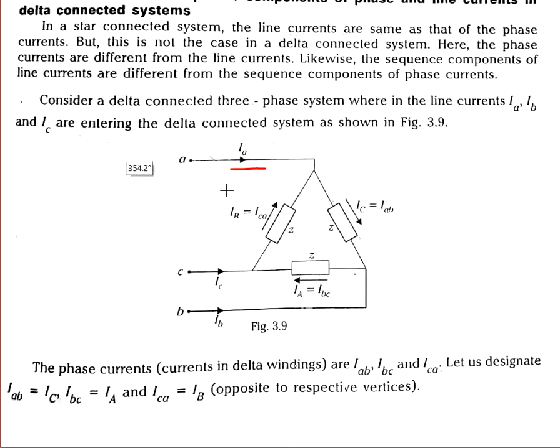Now you can see this is my IA, this is my IB, and this is my IC. So three currents will be flowing in the delta connected system.